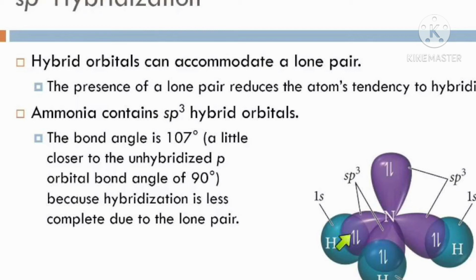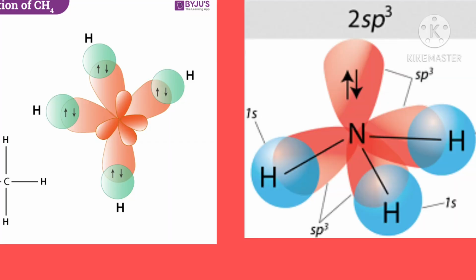The bond angle should be 109 degrees 28 minutes for sp3 hybridization, but as there is a lone pair in one of the sp3 orbitals not participating in the covalent bond with hydrogen, there is a greater lone pair-bond pair repulsion, which decreases the bond angle of ammonia from 109 degrees 28 minutes to 107 degrees 48 minutes. So there is a slight difference in the bond angle between ammonia and methane because of the lone pair.